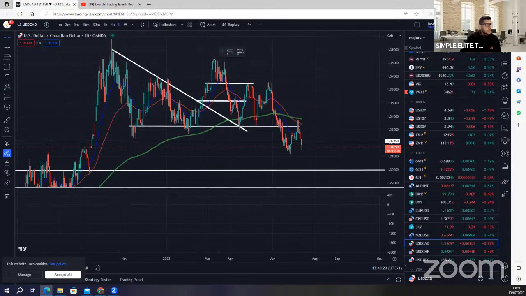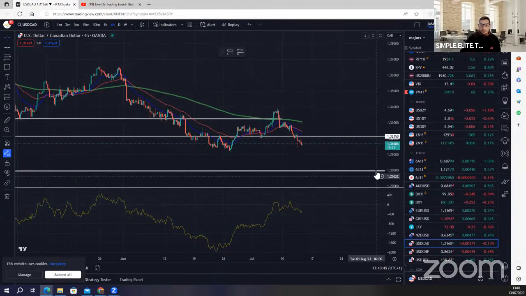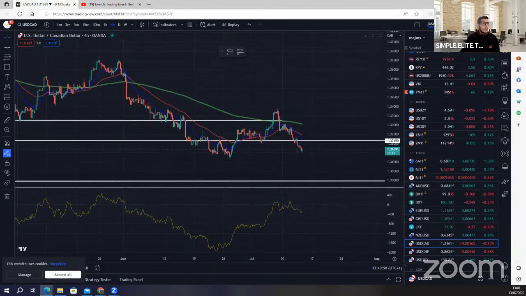But let's see if price comes back to this 1.3215 and then see some rejection here. Still there is some room to the downside at this 130 logical number. So yeah, this move could happen.